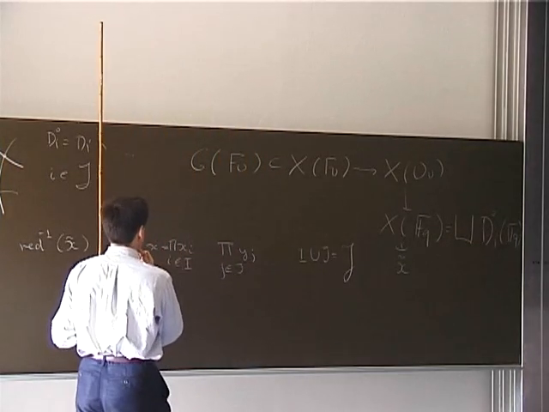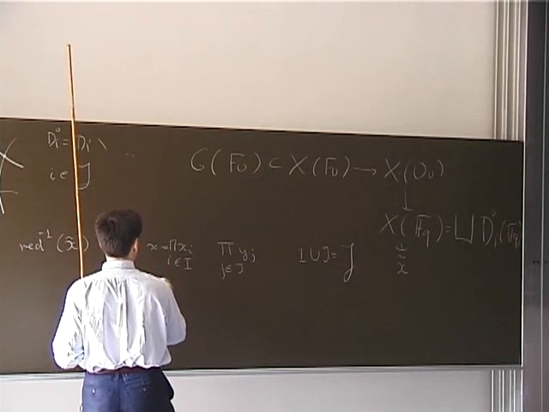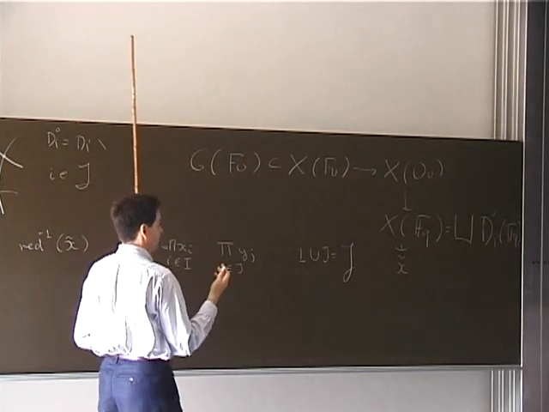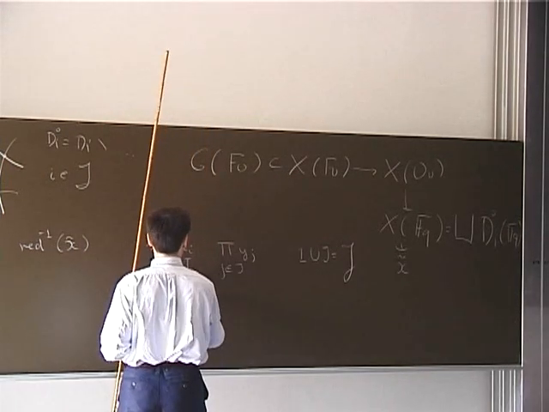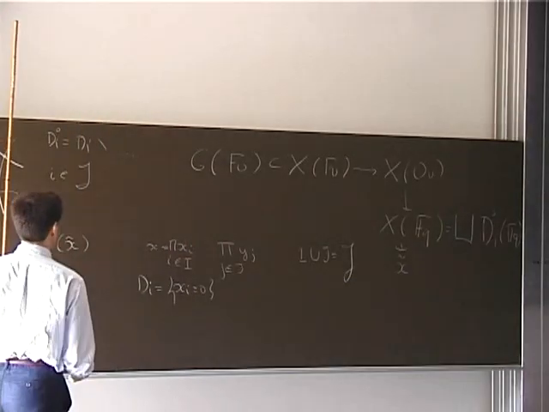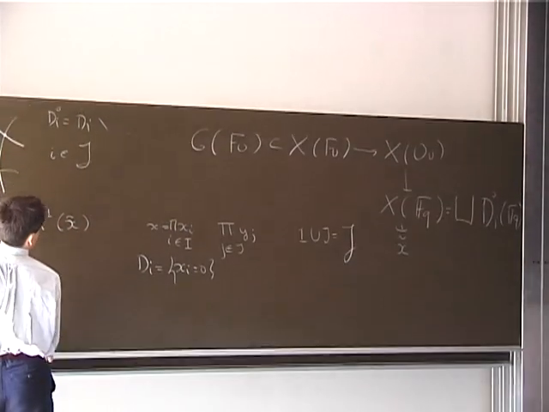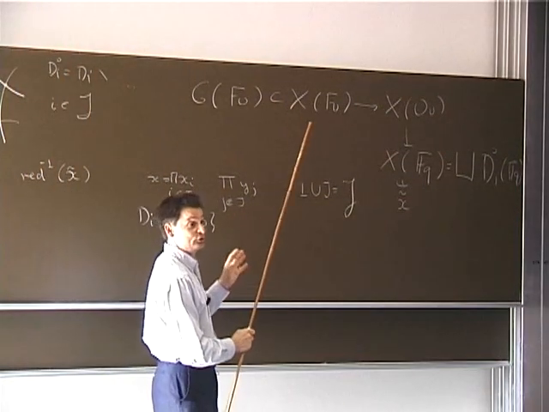All right. So what are the properties? The properties are that the divisor D_i is locally defined by the vanishing of this coordinate x_i. And then we do a change of variables.